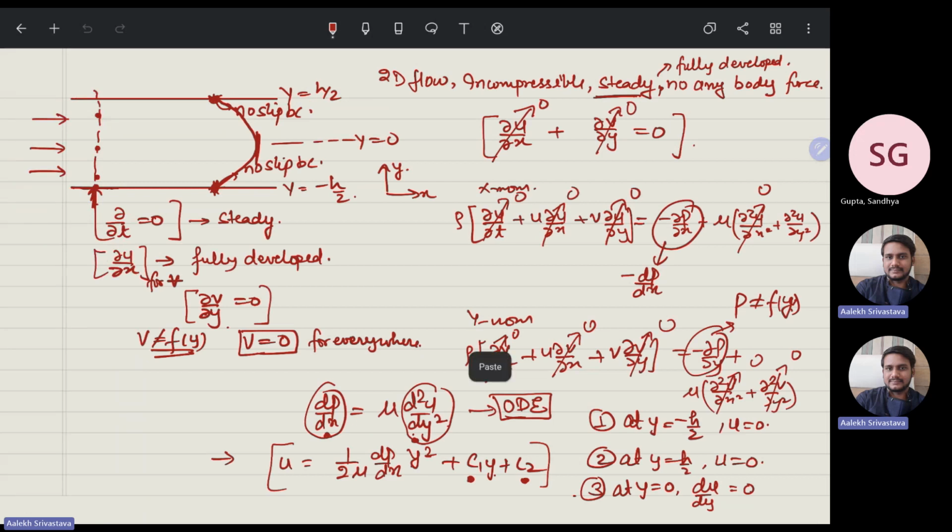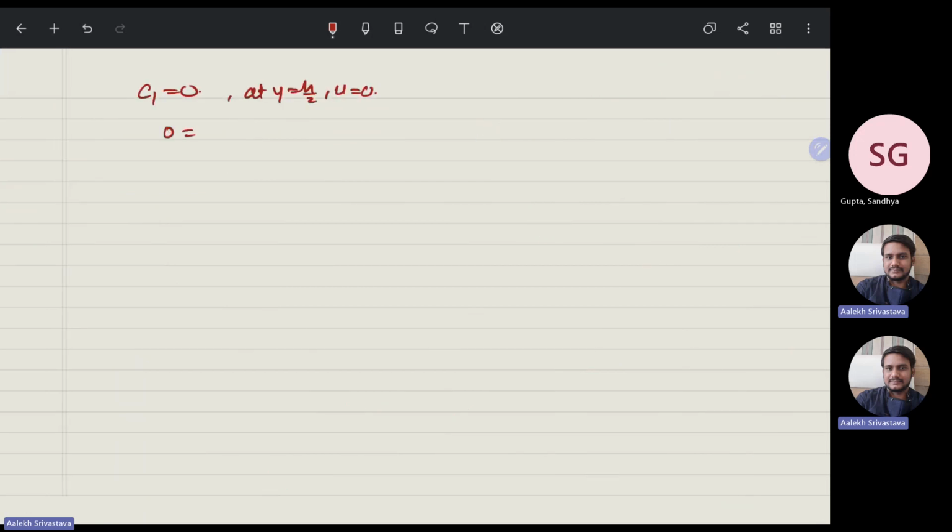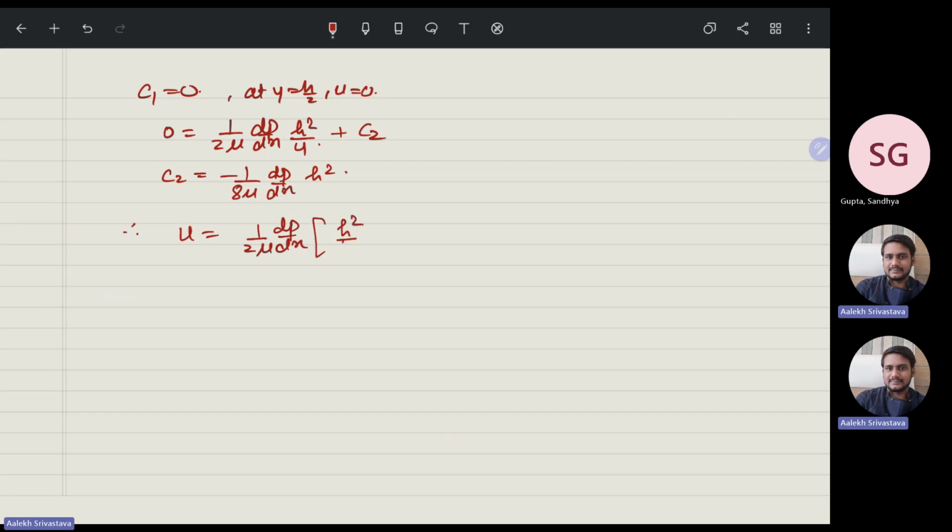If I put that in, 0 is equal to 1 by 2 mu dp by dx into h square by 4 plus c2. So c2 comes as minus 1 by 8 mu dp by dx into h square. So simply if I put in the velocity profile, it is 1 by 2 mu dp by dx into (h square by 4 minus y square). So this is the equation that we get. So yeah, this will be negative. Now we have the velocity profile.